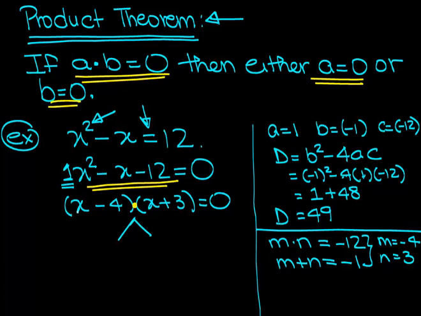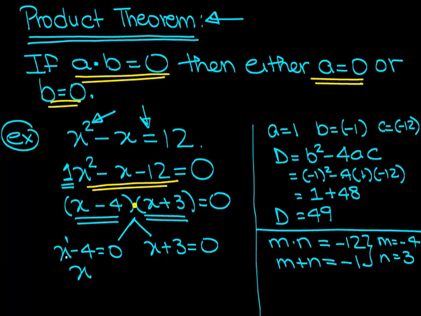That either x minus 4 is 0 or x plus 3 is 0. One of these factors has to be 0. These are linear equations, which we know how to solve. Move the 4 over, we get x is 4. Out here we get x is minus 3. So the solutions to this problem are x is equal to 4 and negative 3.